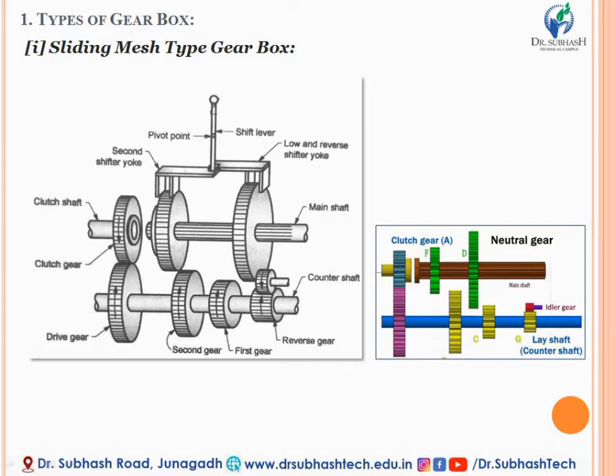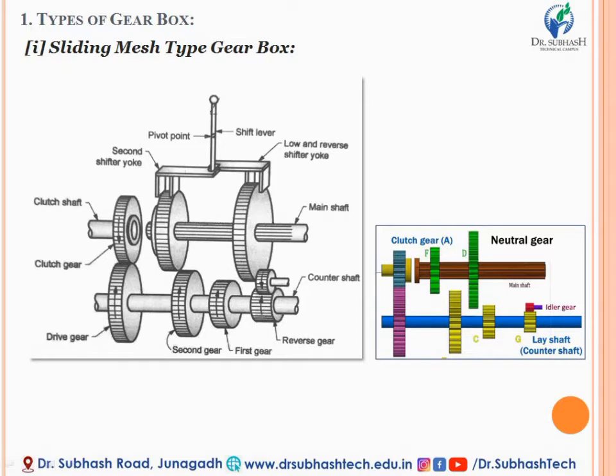This type of gearbox is very simple in construction, and it contains all the gears in a specific housing called the body. You can see from the figure that all the gears are enclosed in a common body, known as the gearbox.